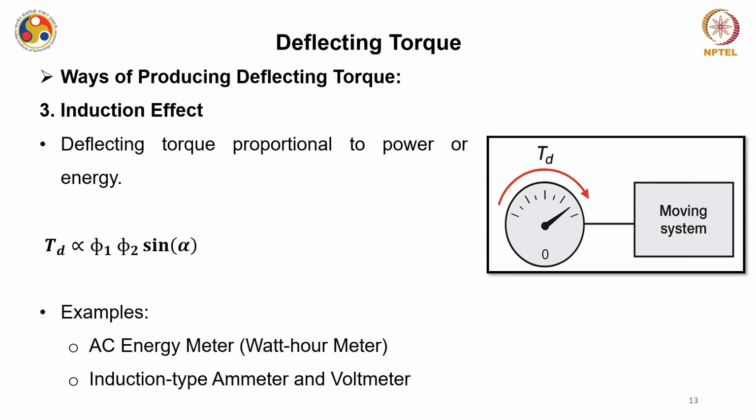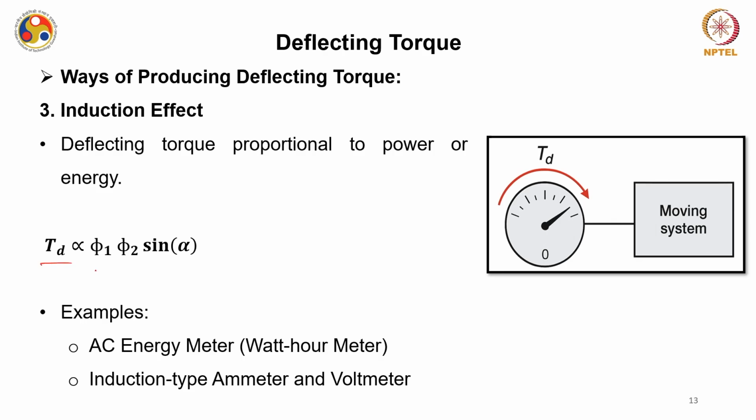We have discussed the induction type of instrument when we talked about the classification of the analog meters. They work on the interaction between the alternating magnetic fluxes and the induced currents. And please note that these only work with AC quantities and not with DC, because you have to generate a flux. So, deflecting torque here is proportional to power or energy.